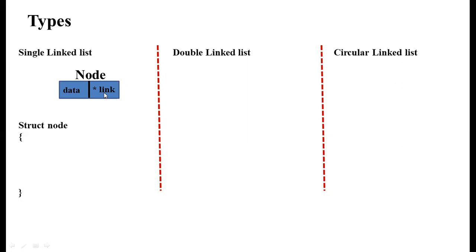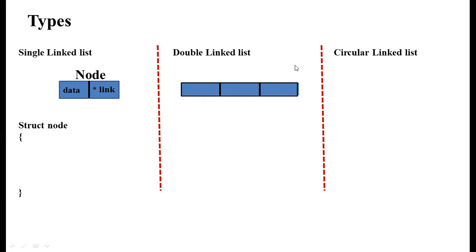Now coming to double linked list, here the node has three fields. In a single linked list, the node has two fields, one is the data field and the other is the link field. And in the double linked list, the node has three fields.